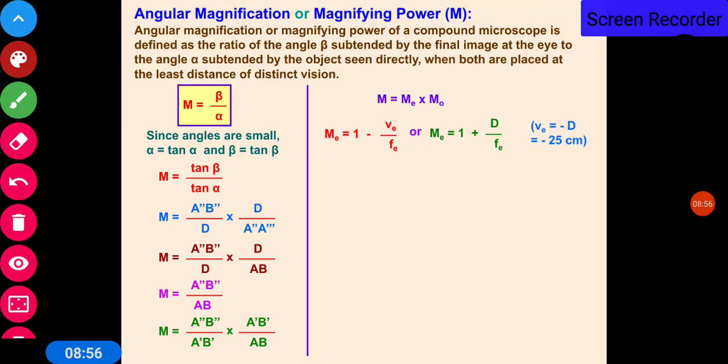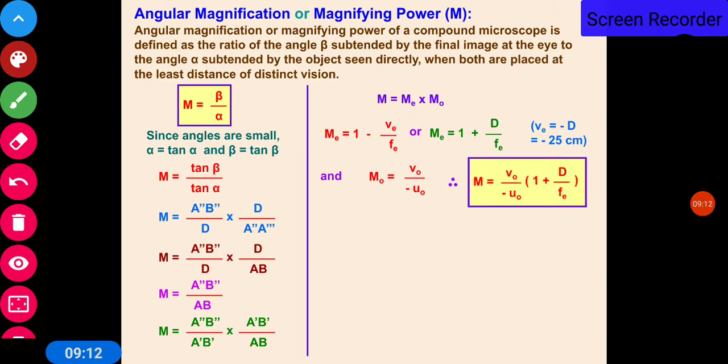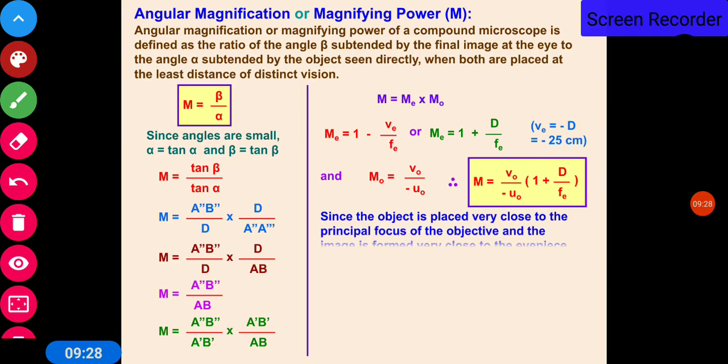Or this can be written as ME is equal to 1 plus D upon FE, because VE is equal to minus D, minus 25 centimeter. And also MO is equal to VO upon minus UO. So therefore the formula for the angular magnification reduces to VO upon minus UO into 1 plus D upon FE. This is the angular magnification for the compound microscope.